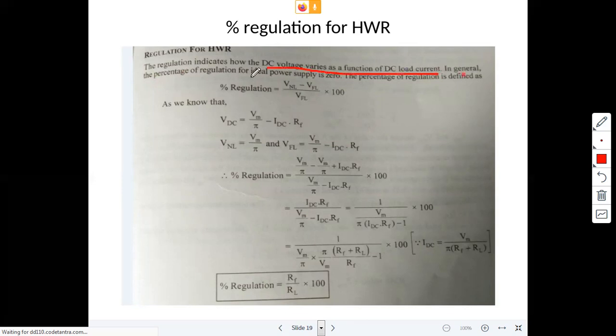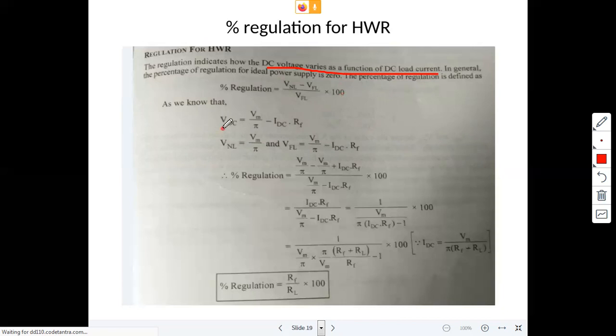In general, the percentage regulation for an ideal power supply is 0. The percentage regulation is defined as V no load minus V full load, divided by V full load, into 100.